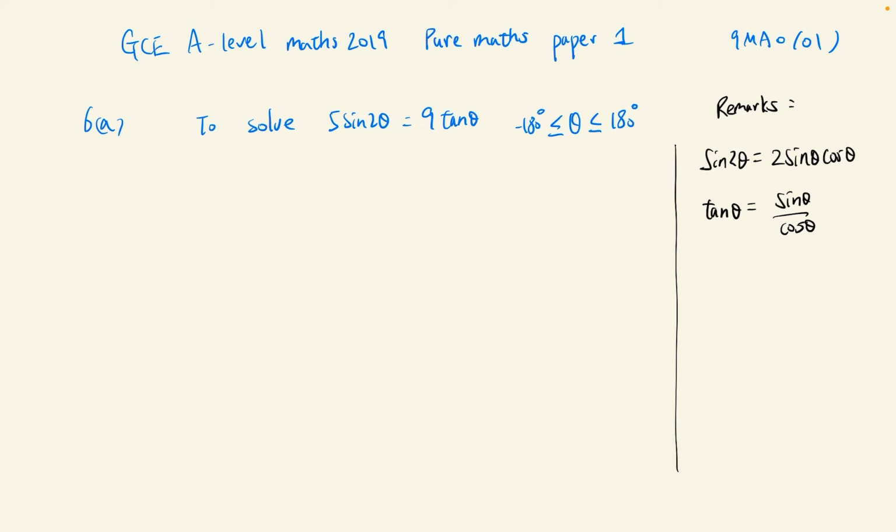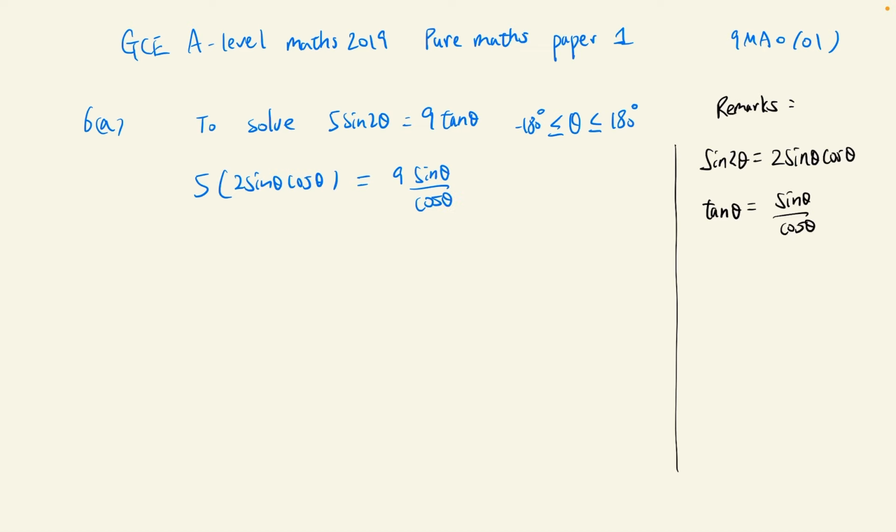So replace the sine 2 theta: 5 times 2 sine theta cos theta is equal to 9 sine theta over cos theta.